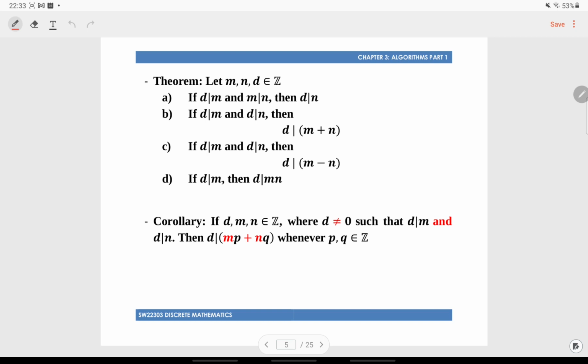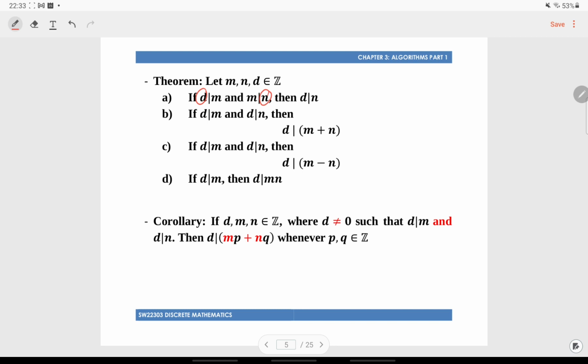So we consider the following theorem. Let's say we have 3 integers m, n, and d. If the integer d divides m, and m divides another integer n, then d divides n.